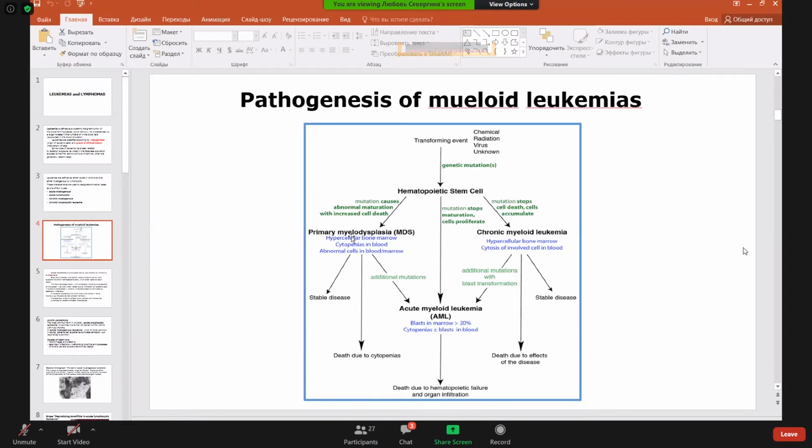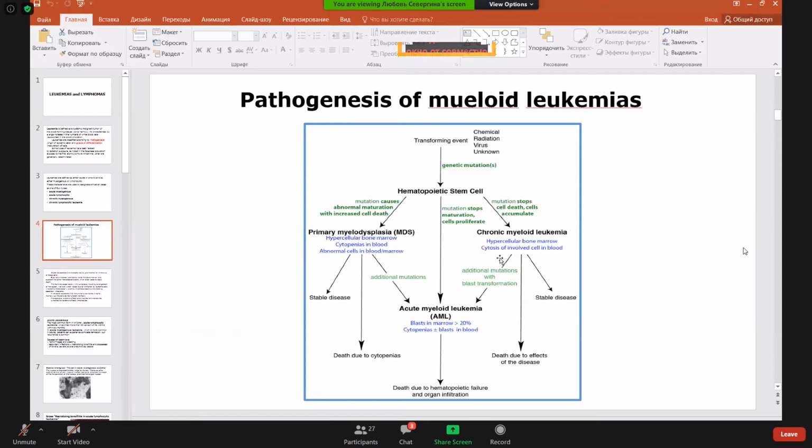Primary myelodysplastic syndrome is another thing. Today we will focus on the acute and chronic leukemias, and maybe during the lecture we'll discuss myelodysplastic syndromes too.